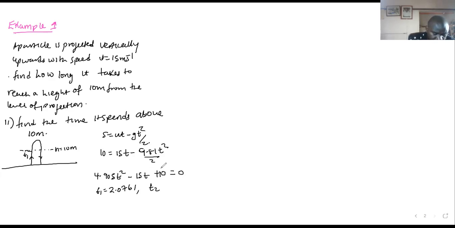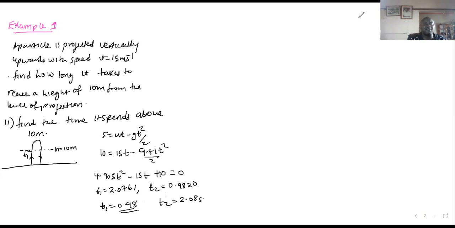T2 is 0.9820. Now in physics, you can write 2 decimal places. They are fine. So therefore, it means T1 is 0.98. T2 is 2.08 seconds. So the time it takes to reach that height is this one.